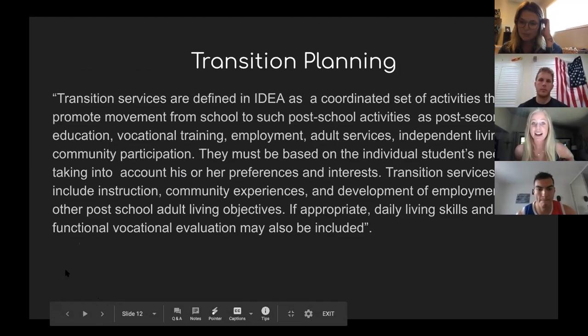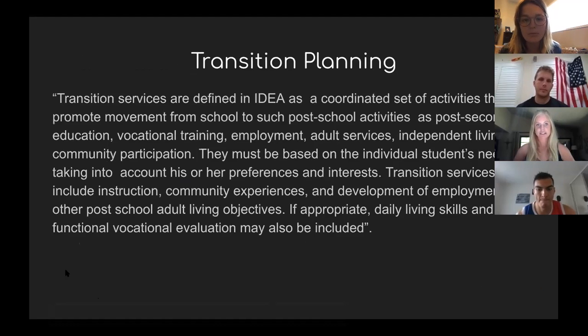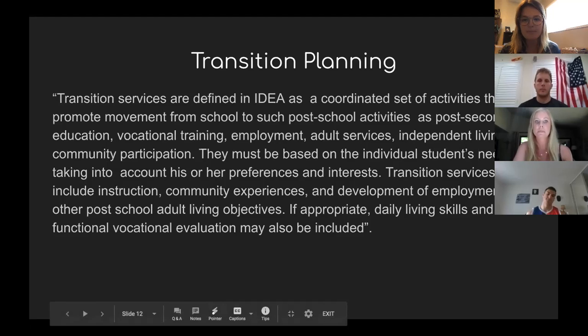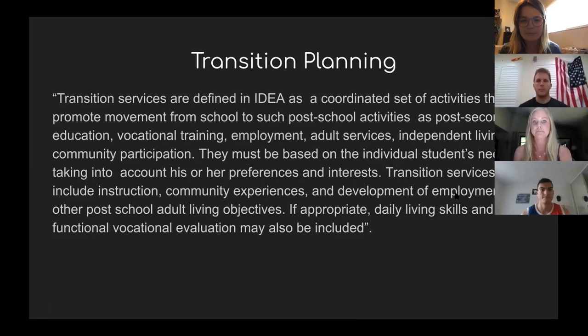Okay, so I'm going to be going over transition planning. So transition services in IDEA are basically the things that we can bring to a student in order to help them be successful in the outside world, outside of school. So this would be like helping them with vocational training and employment and independent living.